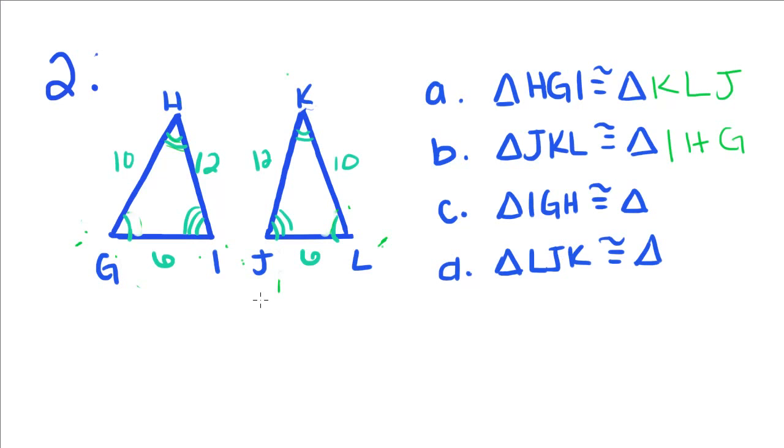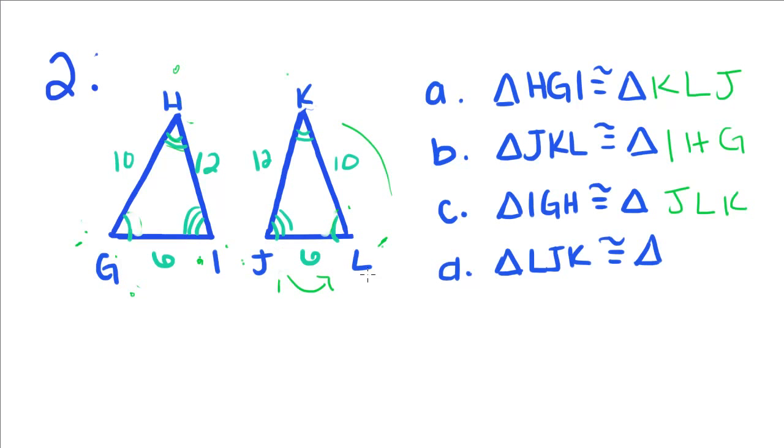Same thing, but I'm starting with I, and I'm going to G, and I'm going to H. So I started with I, so I have to start with J on this one, and then I went to G, so I have to go to L on this one, and then we went up to H, so I got to go up to K on this one.